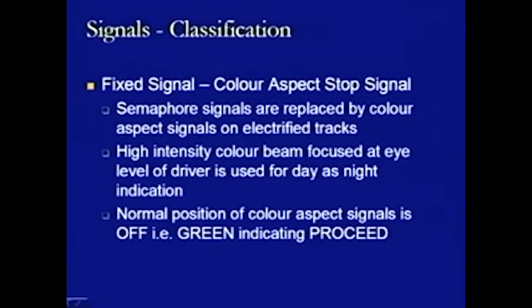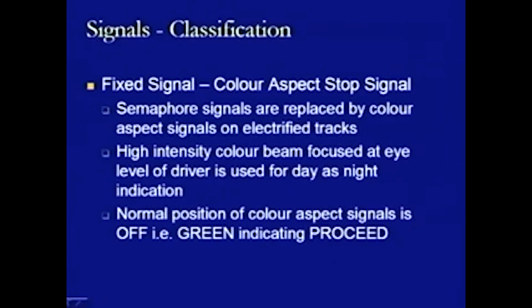Whereas, in the case of color aspect signals, the normal position is off, that is it is defined in terms of a green color indicating proceed. So, unless there is a problem, it will not be turned to a red light, or if the track is occupied, then only it will be turned to red, otherwise you are allowed all the time to move on the track.